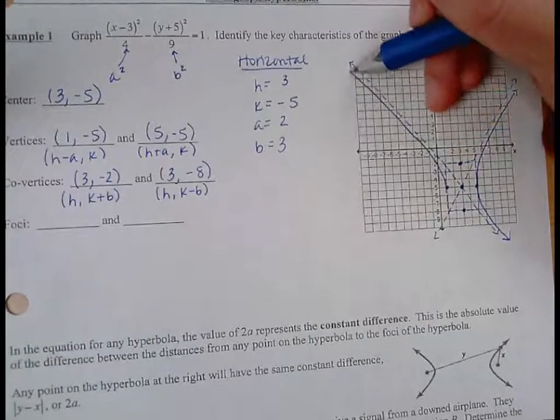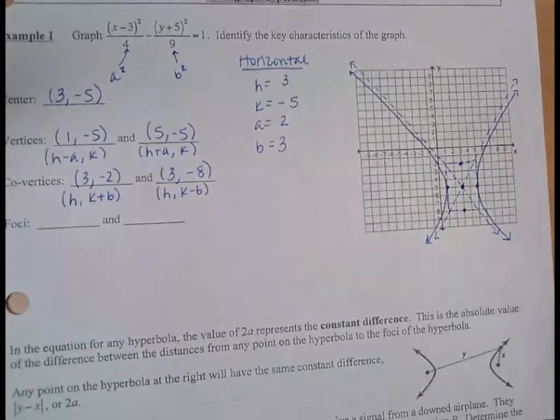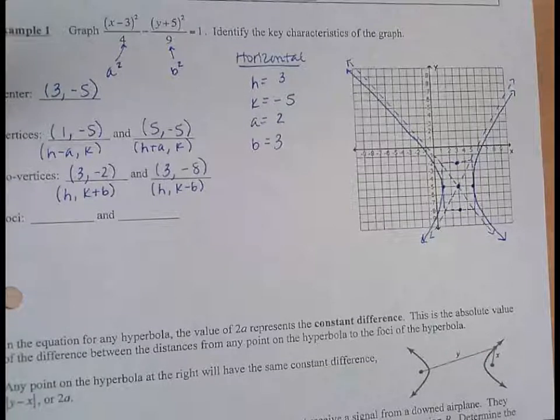It just follows that line, that asymptote that you drew in. And so those should be solid curves that you're drawing in. That is the hyperbola. All the dashed things we drew in could be taken out. That's just there to help us get the shape of the hyperbola.